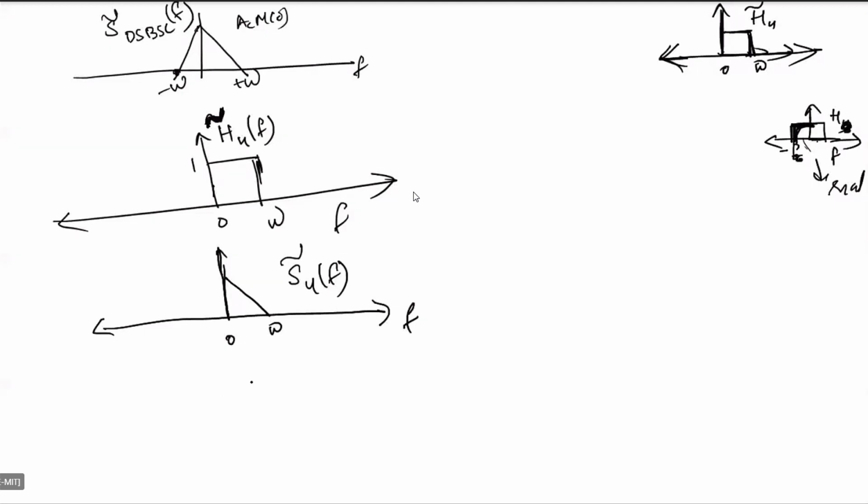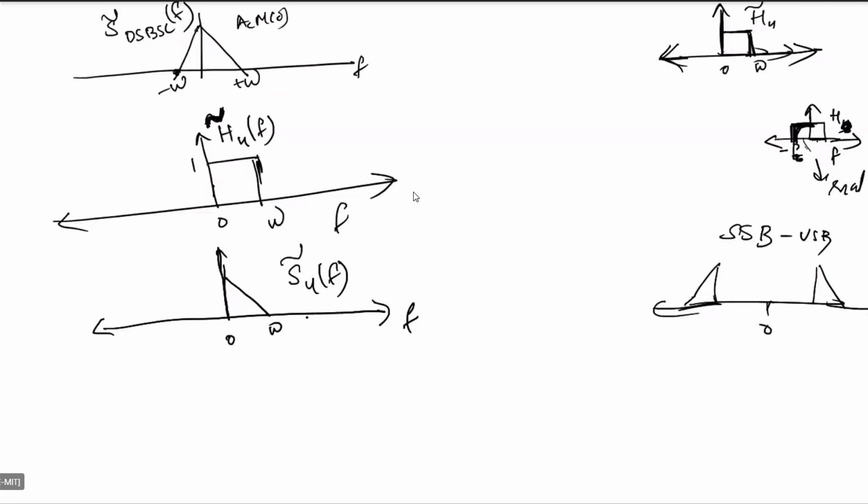This SU tilde f, shifted, will be the actual band, the upper sideband of SSB. Shifted in frequency, it will give me the spectrum like this. So the SSB spectrum with upper sideband.